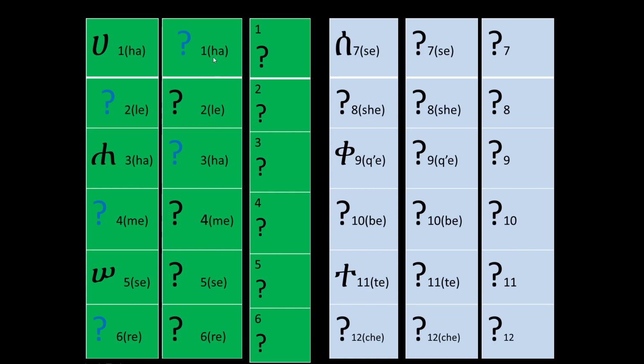Here you can see the English version. Ha, le, ha, me. On the last one, without looking at these two, start writing from ha up to ha, le, ha, me, se, re, and so on for the rest as well.